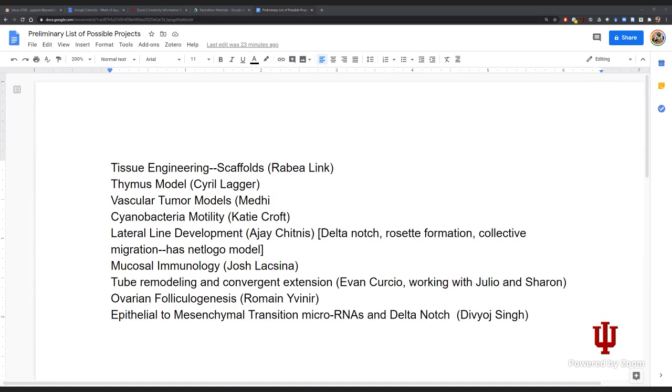Okay, I guess I would suggest that we, to begin with, combine the thymus and mucosal immunology groups, since they're both considering similar things. Okay, I will do that.